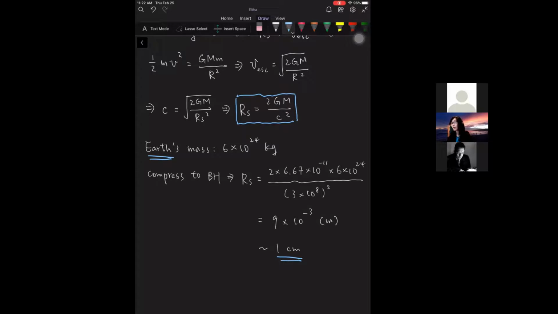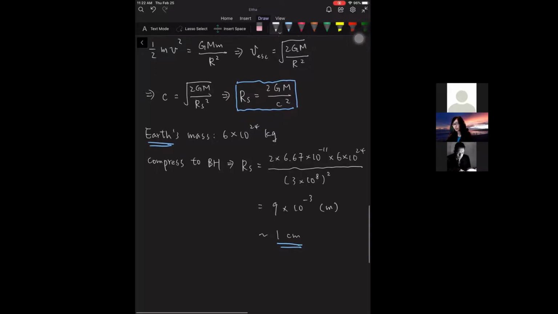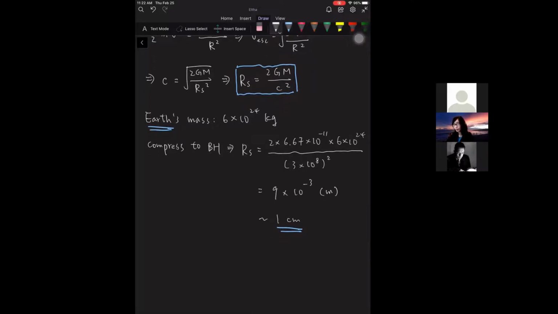Okay, so there are also some other useful analogies for different objects. For example, for a neutron star, if you calculate that, you'll know that reproducing the density of a neutron star is like compressing the Earth to a radius of about 1 kilometer.